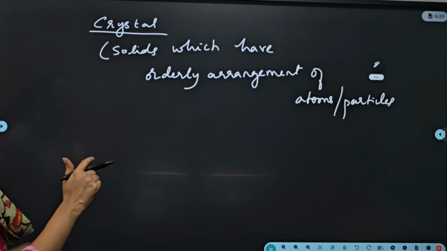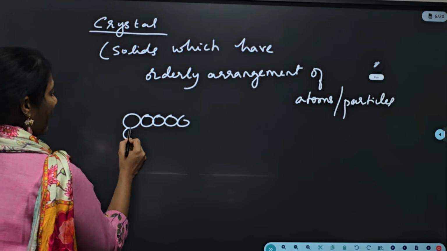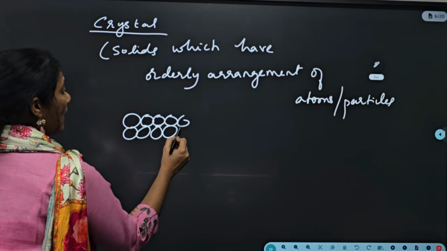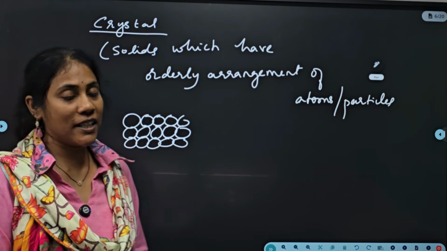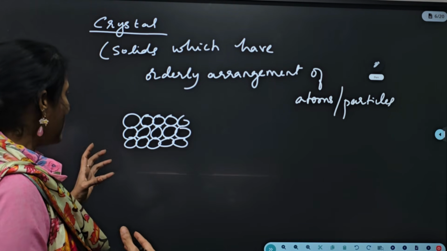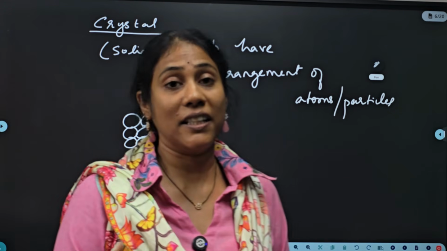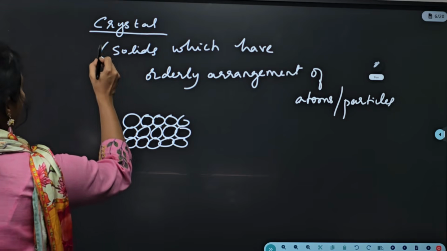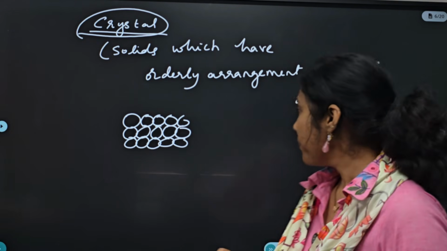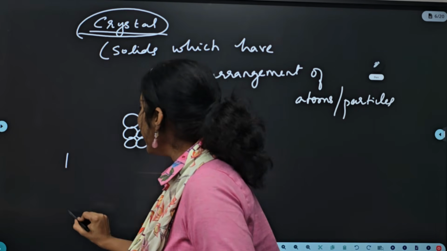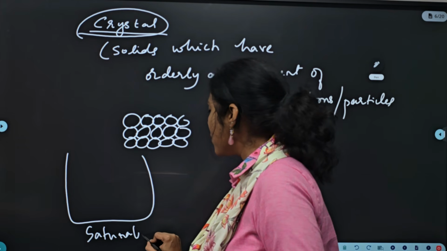In any solid, if you observe a very orderly arrangement of particles, arranged in a particular pattern, and there are so many patterns of arrangement, if the arrangement of particles is very perfect, then such a solid is called a crystal.